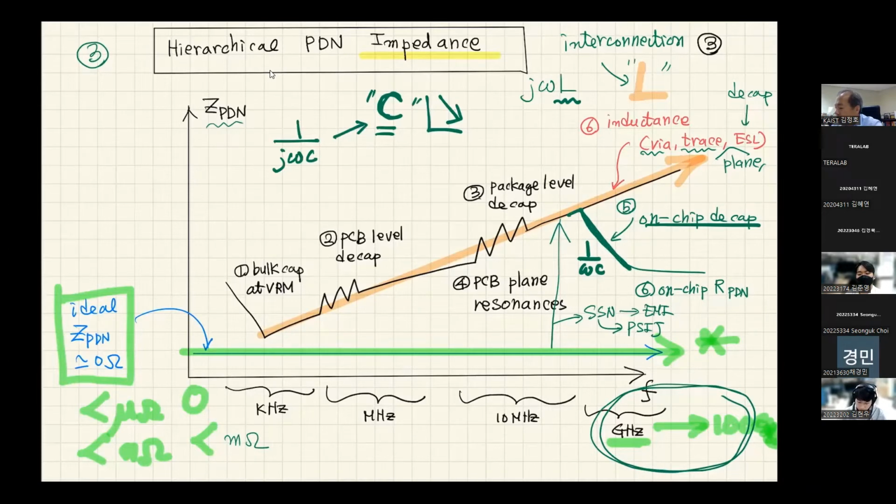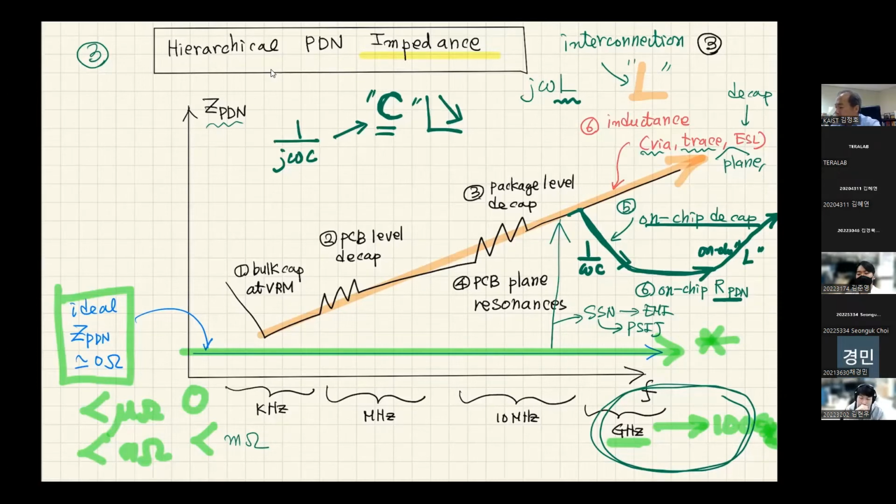However, if you have certain resistance inside your chip, because inside the chip your interconnection is very thin and narrow, it's going to have resistance. And again, over the 10 gigahertz range, it is going to go back up because of on-chip inductance. This green curve is actually the purpose of on-chip decoupling capacitors over the gigahertz range.